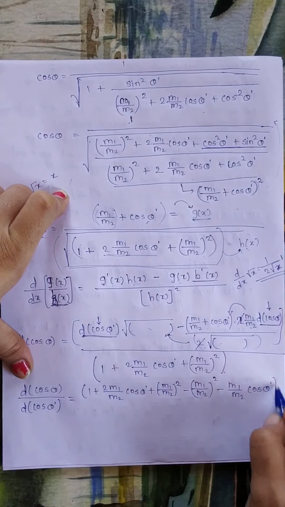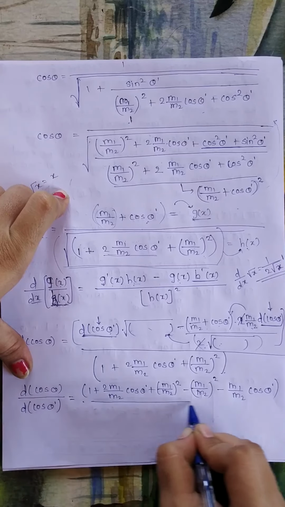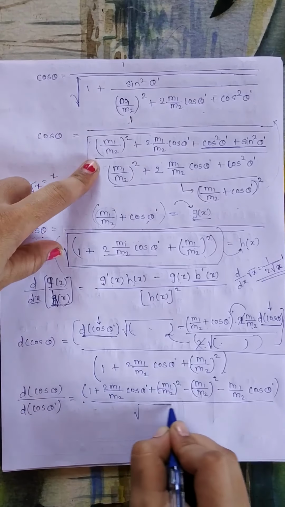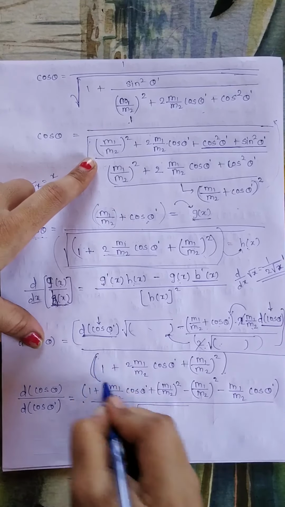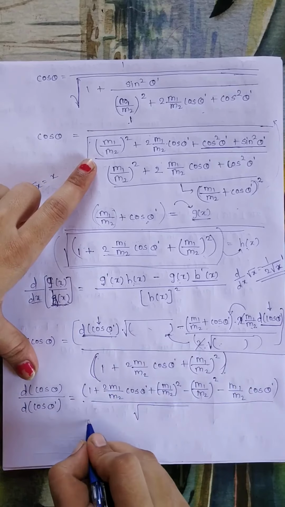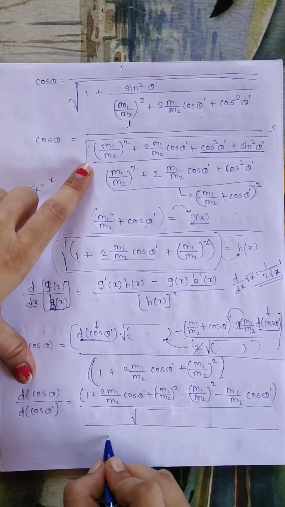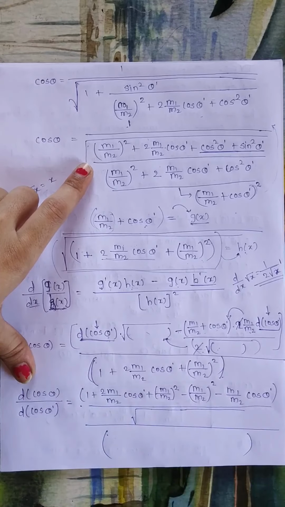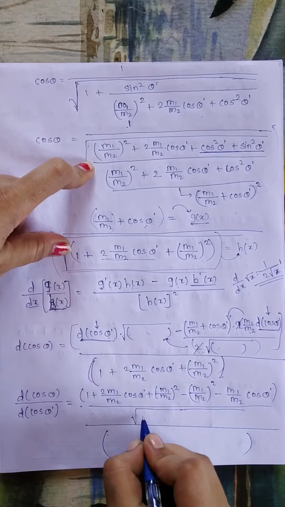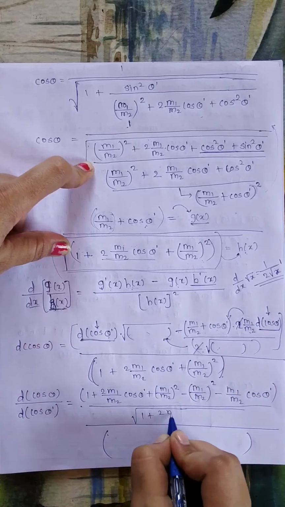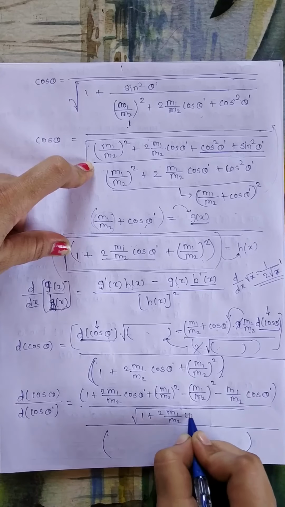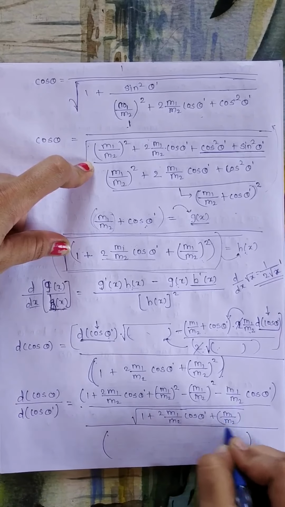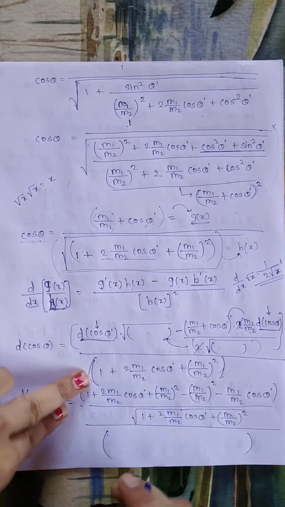So here there is the quantity which is inside the root, and this term is divided again by this term. So here the quantity inside the root is this quantity. So let's write it: 1 plus 2m1 upon m2 cos theta dash plus m1 upon m2 and its square, and again on its denominator.